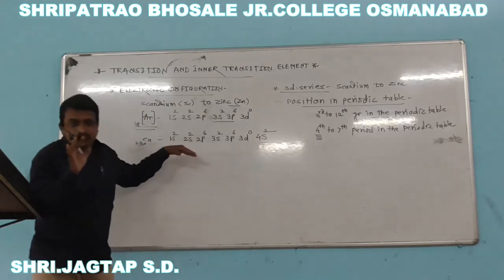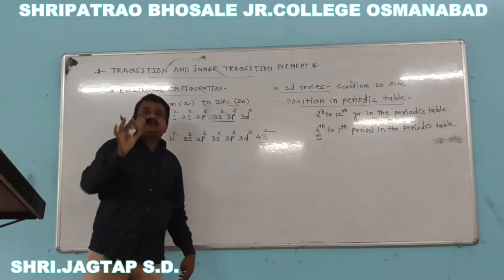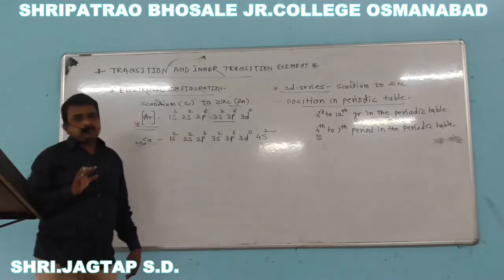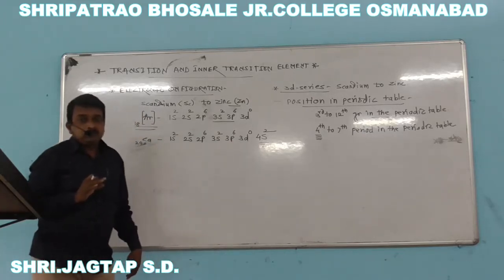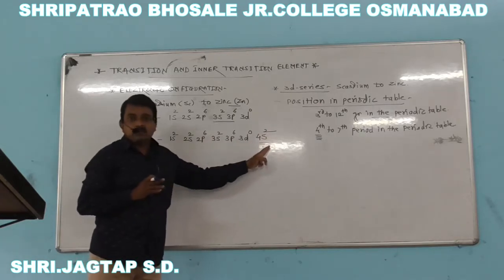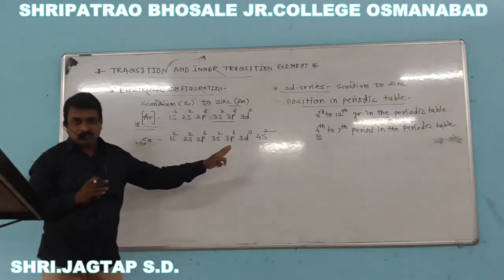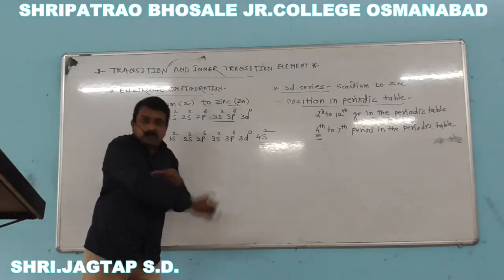In calcium also the 3d orbital is empty. The 3d orbital is vacant. The last two electrons enter into the 4s orbital, that is, into the next shell.